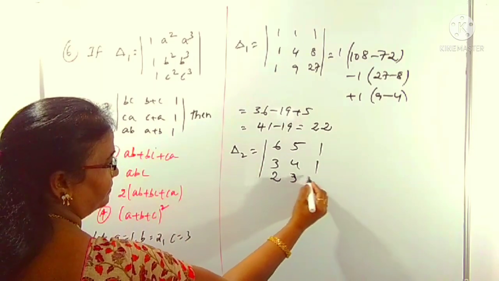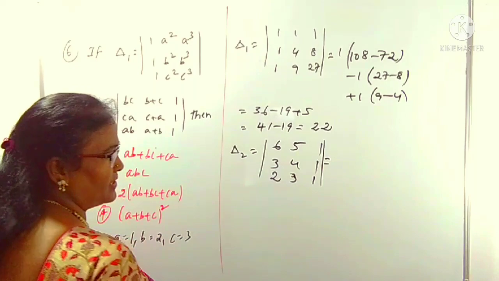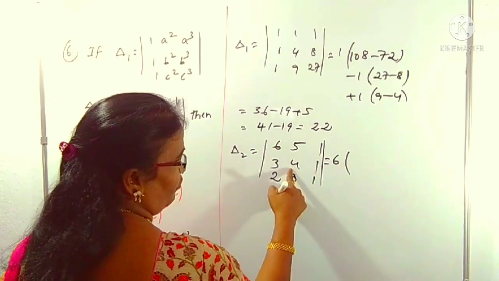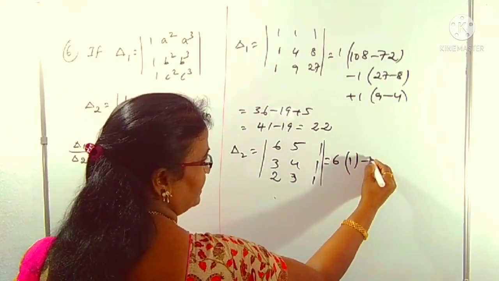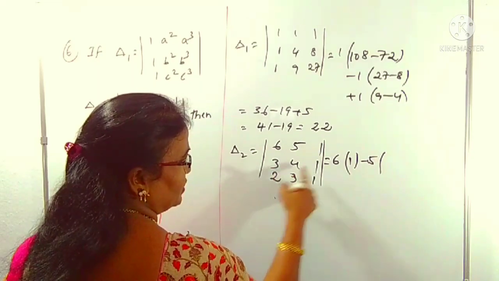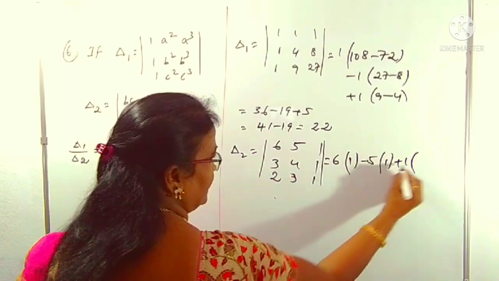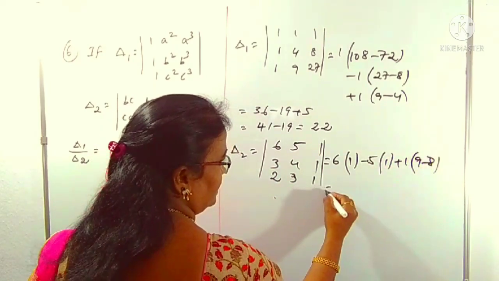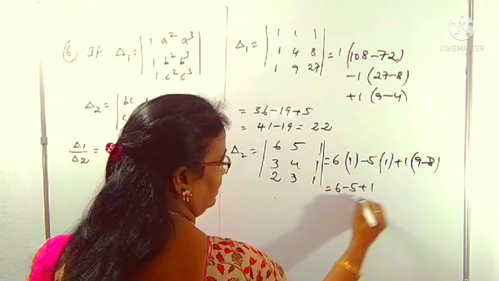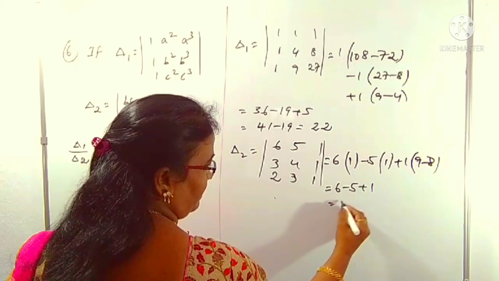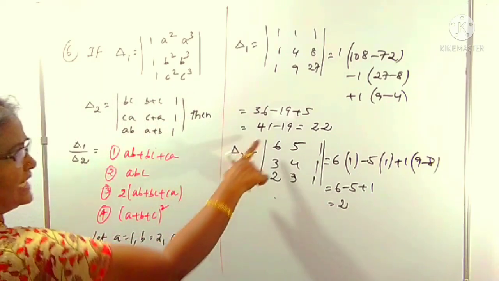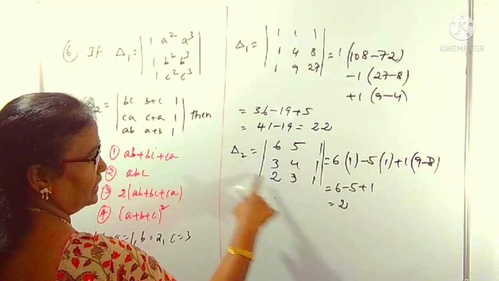Then 1. We can expand this also: 6 into (4 minus 3) is 1, minus 5 into (3 minus 2) is also 1, plus 1 into (9 minus 8). Therefore, this is 6 minus 5 plus 1, which is 2. So delta 1 we got 22, delta 2 is 2.